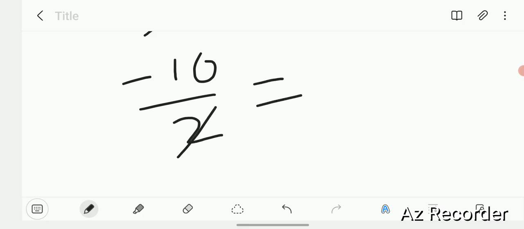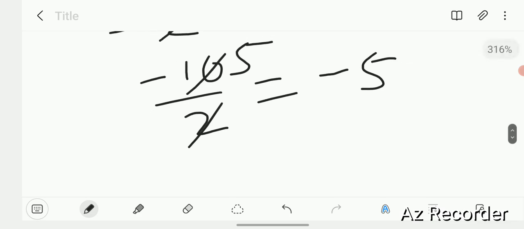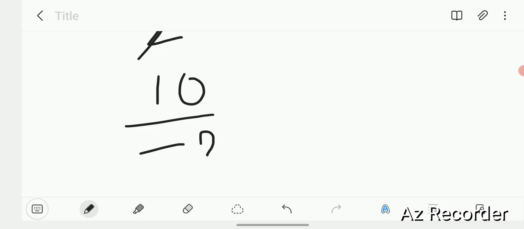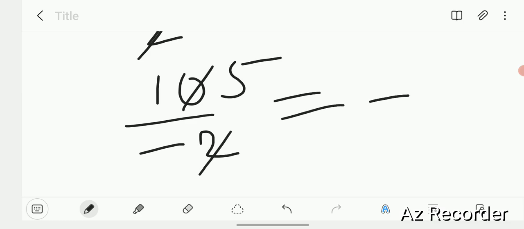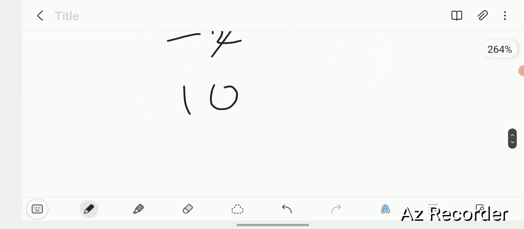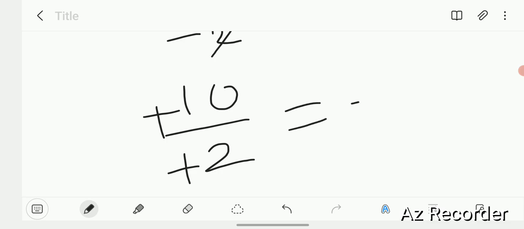Then 2 ones are 2, 5s are, then the answer is minus 5. Next, plus 10 divided by minus 2. Then the answer is 2 ones are 2, 5s are, then the answer is still minus 5. And the last one, plus 10 divided by plus 2, then the answer is plus 5 itself.